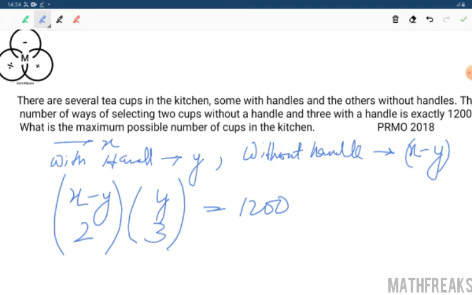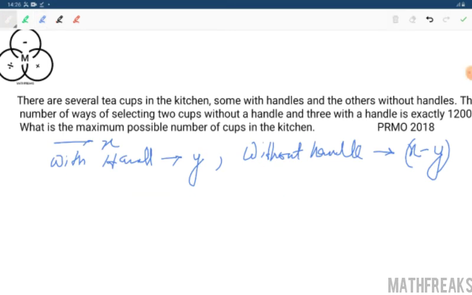Three with the handle. This is x minus y. Considering x and y will make this a little bit messy.